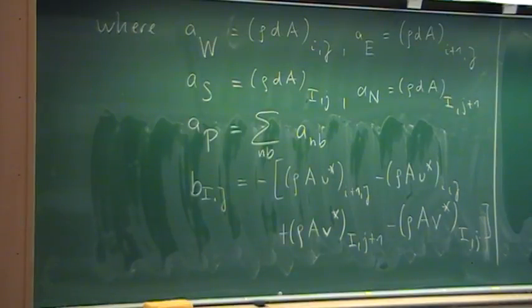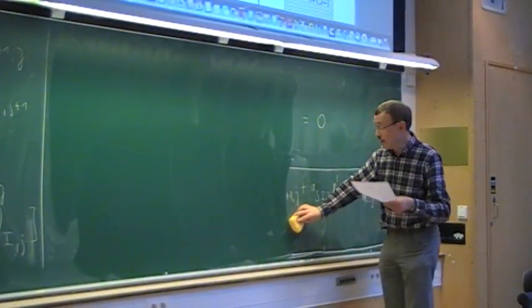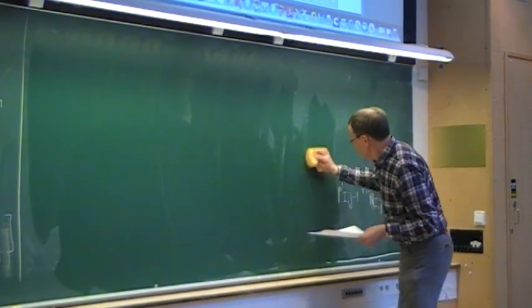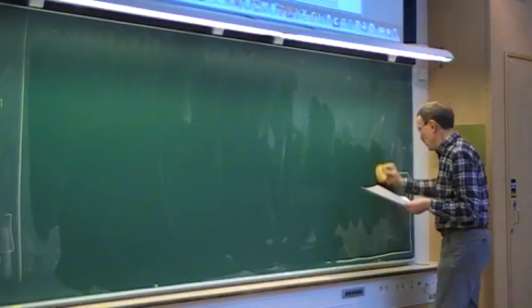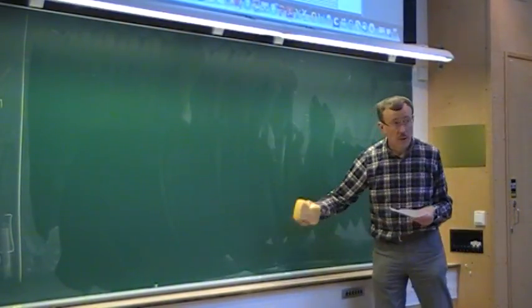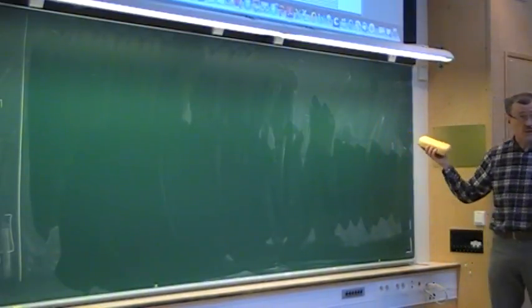So we have flow in a channel, and we assume that the velocity is given at the inlet, at the right. And we are flowing out into the ambient, so we know that the ambient pressure is constant.